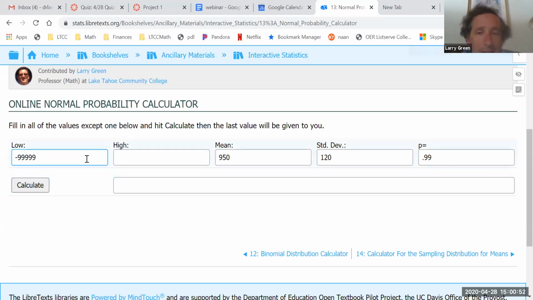And then we want to find out what is the high, and you hit calculate. And you get 1,229 about. And by the way, if we use 0, just to show you, it didn't change. Because we're talking about many, many, many standard deviations below the mean, and we already see 3 standard deviations is pretty much everything. So 0 works in this case. So 1229 is the answer.